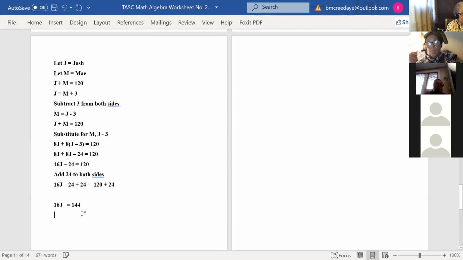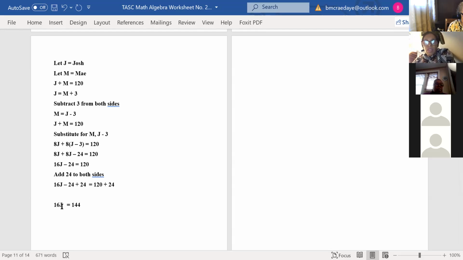I want to solve for J. 16J is a multiplication. 16J means 16 times J. So to solve for J, you have to do the opposite of multiplication, which is what?